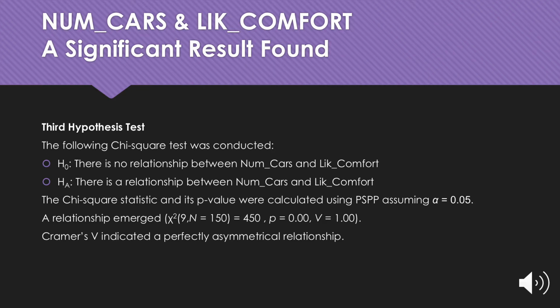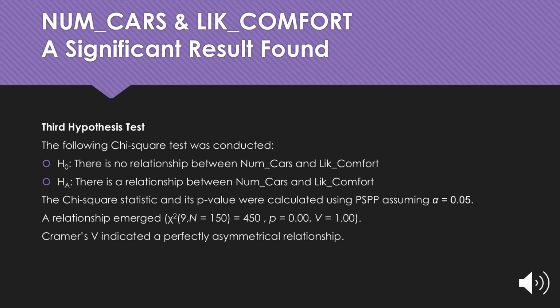The third hypothesis test, the following chi-square test was conducted. The null hypothesis stated that there is no relationship between NAM cars and life comfort. The alternate hypothesis stated there is a relationship between NAM cars and life comfort. The chi-square statistic and its p-value were calculated using PSPP, assuming an alpha of 0.05.